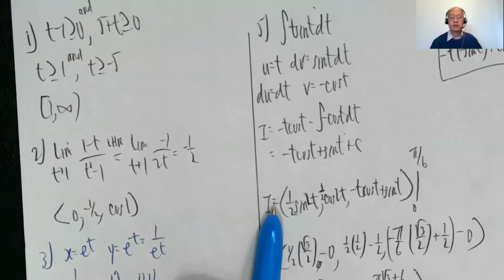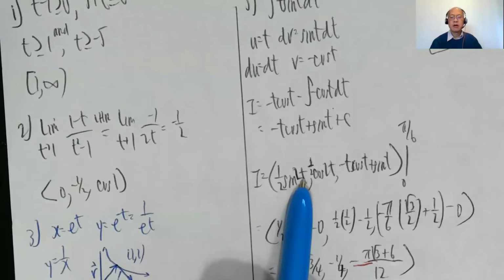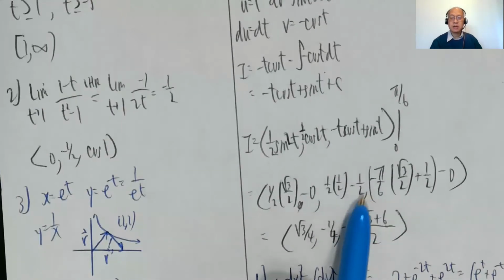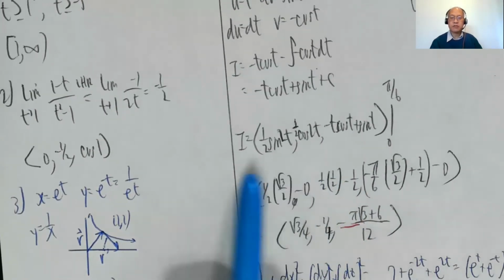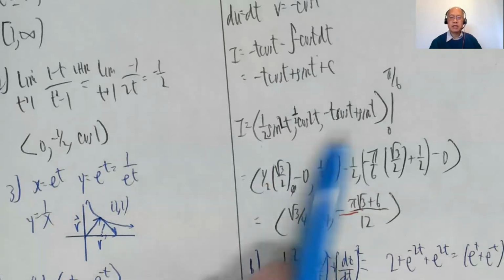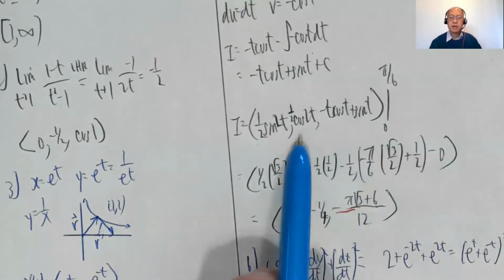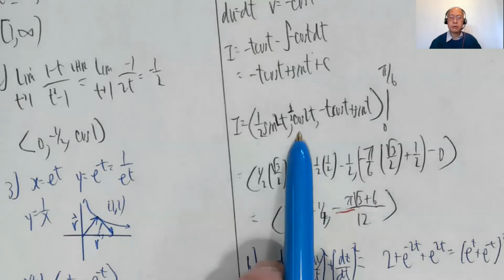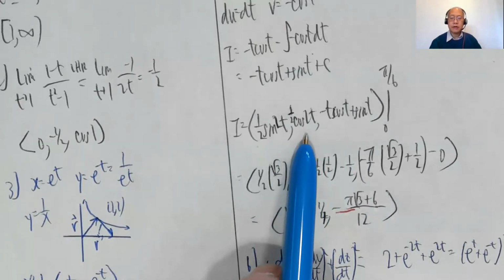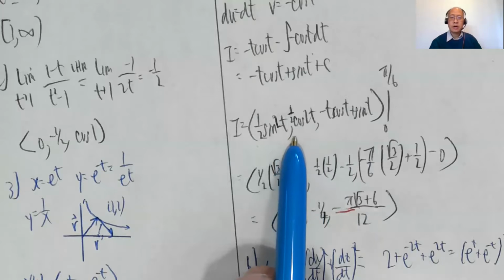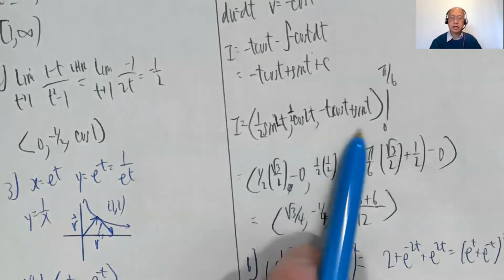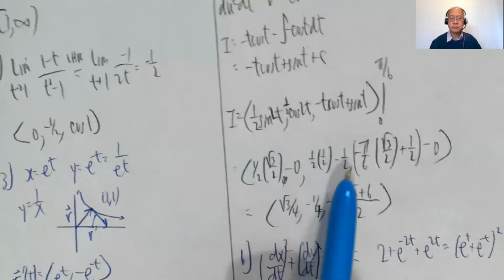But in any event, the integral is 1/2 sine 2t, 1/2 cosine 2t, negative t cosine t plus sine of t. Okay, so plug in pi over 6, 1/2 sine of pi over 3 is 1/2 of radical 3 over 2, minus plug in 0, you get 0. Then the middle one, the y component, plug in pi over 6, 1/2 cosine pi over 3 is 1/2 of 1/2, minus plug in 0, you get a half.